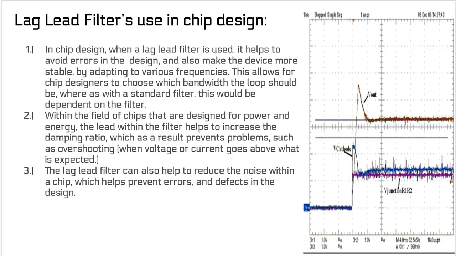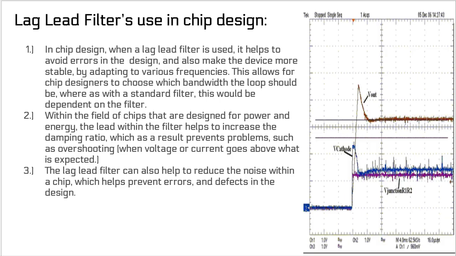Another thing is that within chip design, specifically chips that are designed for power and energy resources, the lead part of the filter helps to increase the damping ratio. As a result, problems such as overshooting are prevented, which helps reduce errors in chip design, specifically in these power chips, and makes the design process easier.